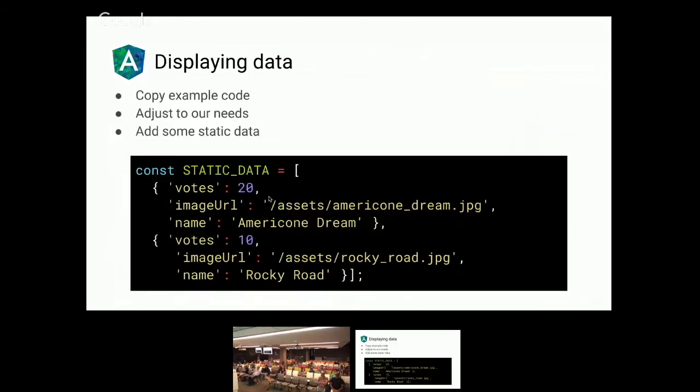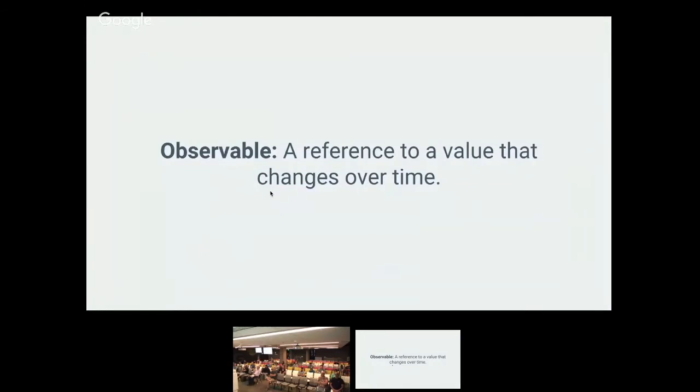We're going to display some static data. So rather than having to make a server request, we're just going to have this here in our component. One last concept to cover is what is an observable. How many people are familiar with observables? Okay, so this isn't new, right? It's like a promise. There can be many of them.